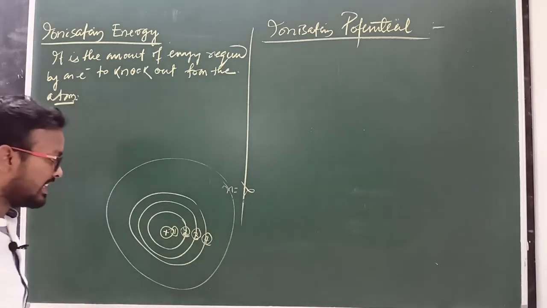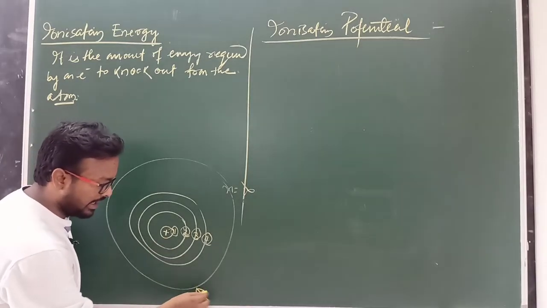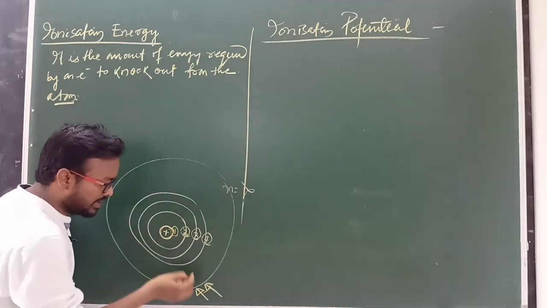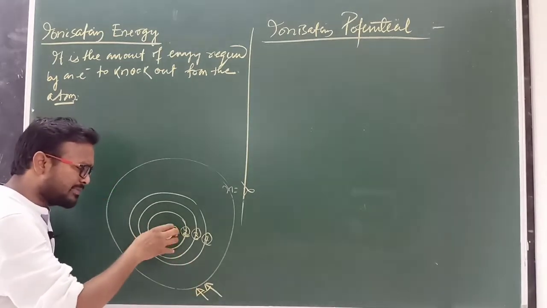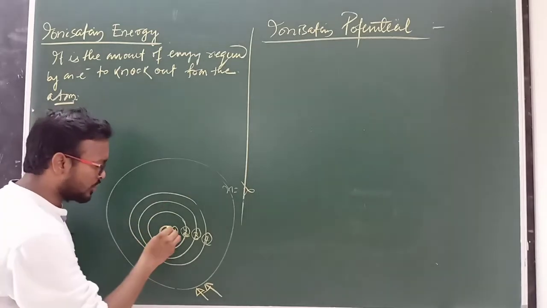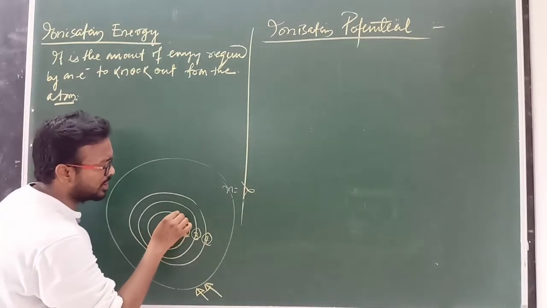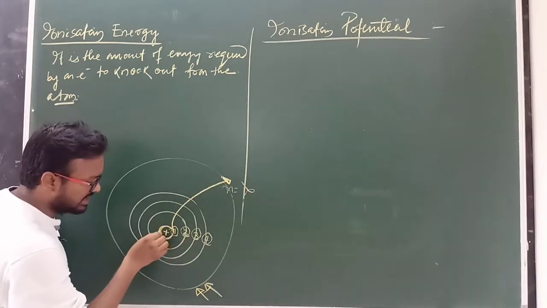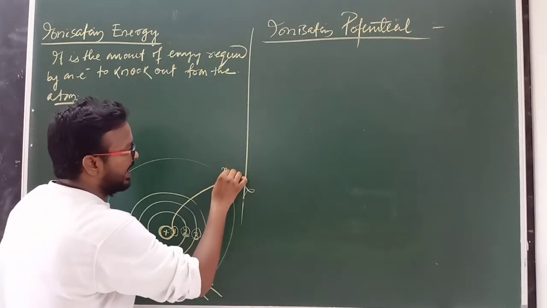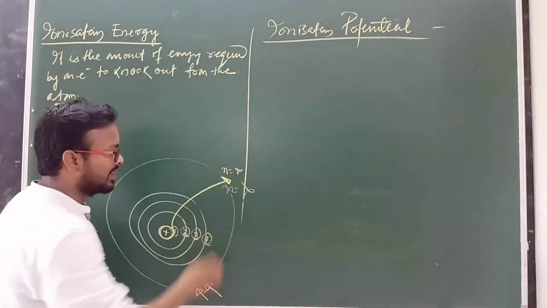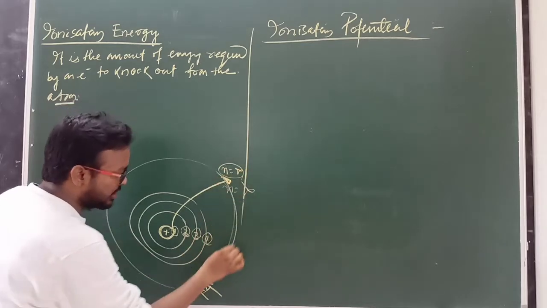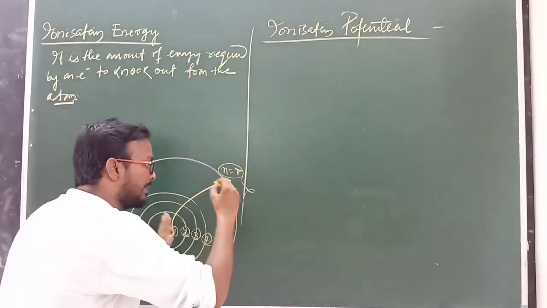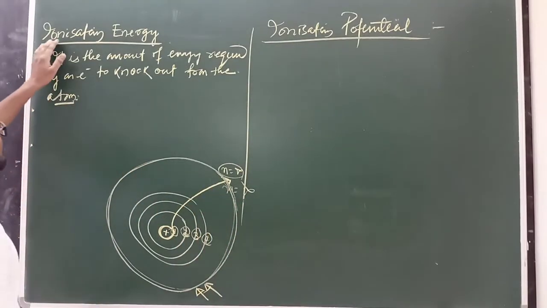When the atomic gas is heated up, the atoms absorb energy. When they absorb so much energy that an electron jumps, or is knocked out from the atom, from the ground state to n equal to infinity, meaning the last or infinite orbit of the hydrogen atom, that amount of energy is known as ionization energy.